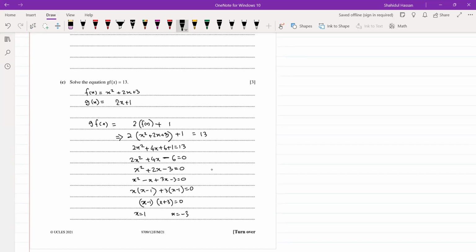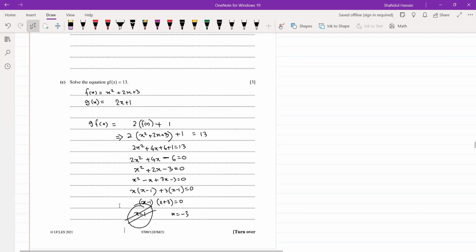So now there's one interesting thing. X equals to 1 should be excluded from our solution. For g of f of x, x equals to 1 should be excluded from our solution, because there is a restriction in the domain of f of x, and the restriction was x is less than minus 1.